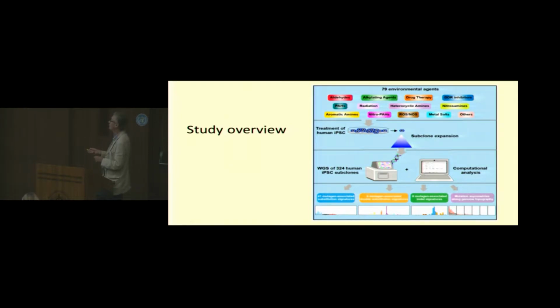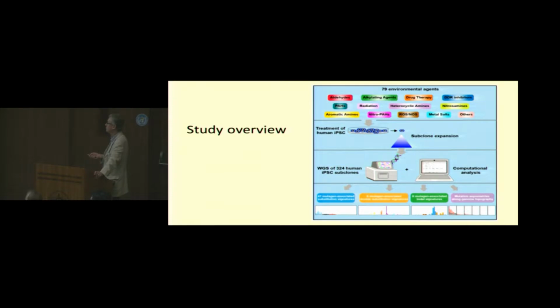So we treated cells in culture. These were human induced pluripotent stem cells. I'll come to that in a moment. Treated the cells, grew them up, isolated the DNA, sent them off to Cambridge for sequencing analysis. They undertook the computational analysis and generated, where we could see them, mutational signatures.